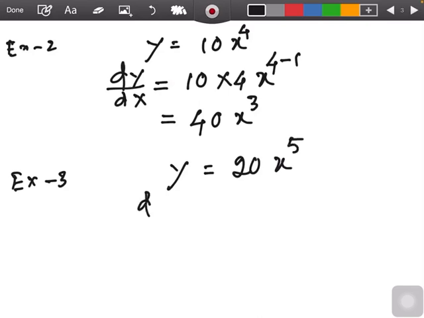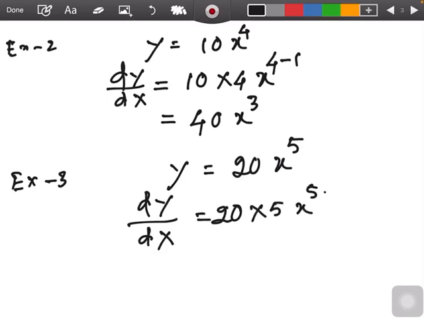So dy by dx will be 20 into 5 x to the power 5 minus 1, so this is 100 x to the power 4. So rule number 1 is over.